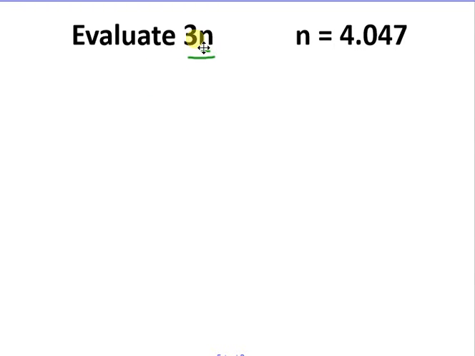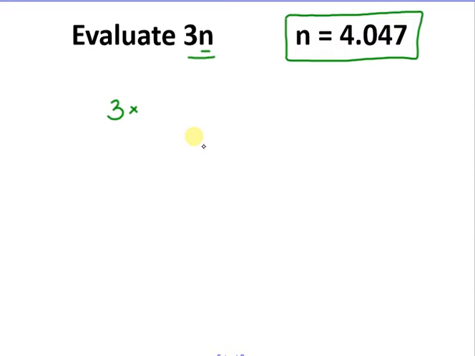But if you think back to our first unit, what happens when you have two numbers next door to each other? That shows multiplication. And so all you're going to do is, this is 3 times n, okay? And what is n? Well, n is right here, okay? So what is 3 times, oops.